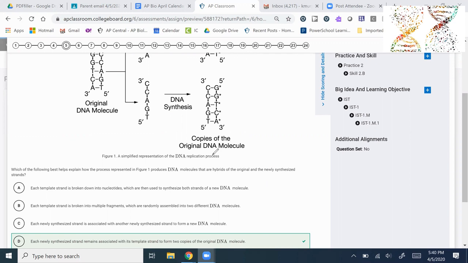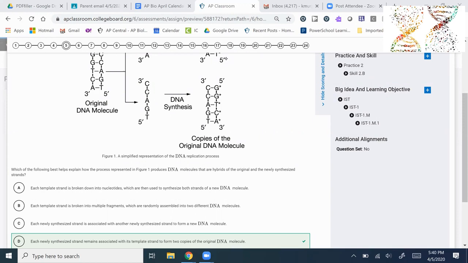So remember in DNA replication, when a new DNA molecule is made, you get one template strand and one new strand. And remember, that's the semi-conservative one. So let's see what is said here. A, each template strand is broken down into nucleotides, which are then used to synthesize both strands of new DNA.